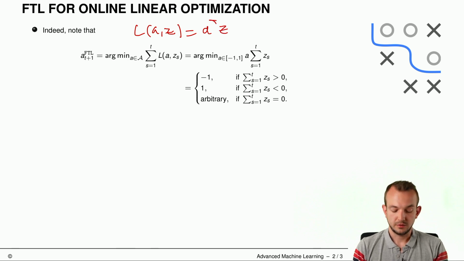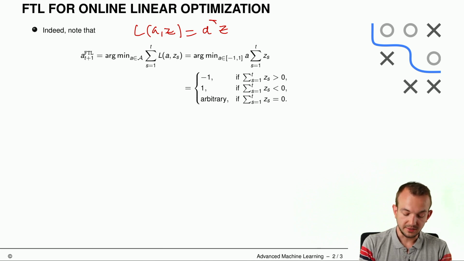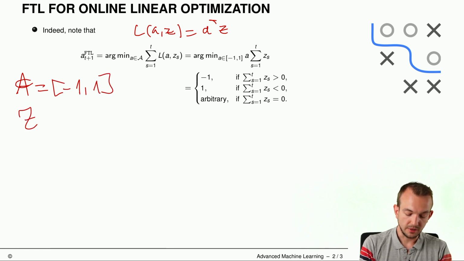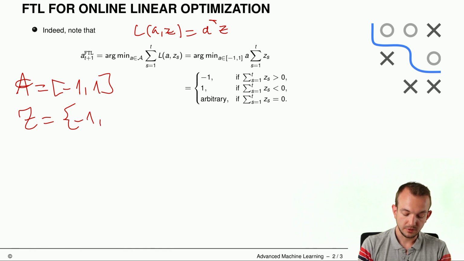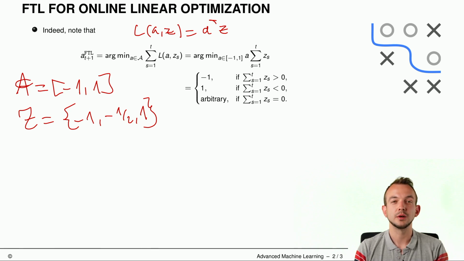We are in the very simple setting that the action space, calligraphic A, is one-dimensional, and the Z, the environmental data set, in this case is even easier because there are only 3 realizations, namely it can be -1, -1/2, and 1.